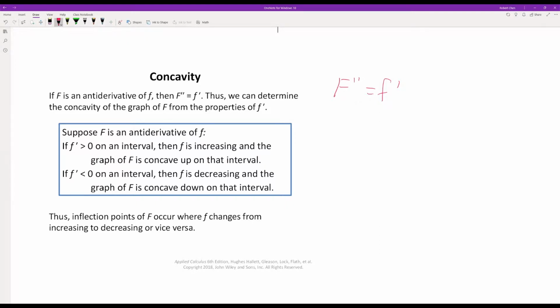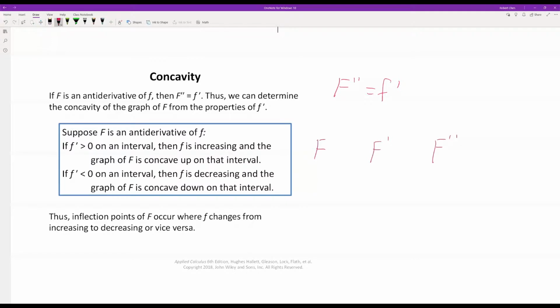So this is actually a little confusing, and let me draw a picture to help you out. Okay, so let's say we have the capital F, and then you take the derivative, and then you get F prime, and then you get F double prime. And here we're actually giving them a different name.